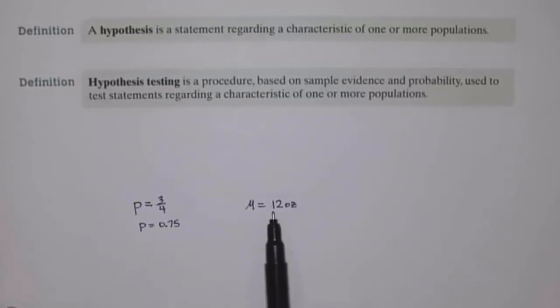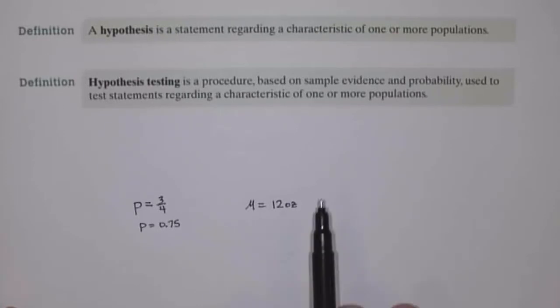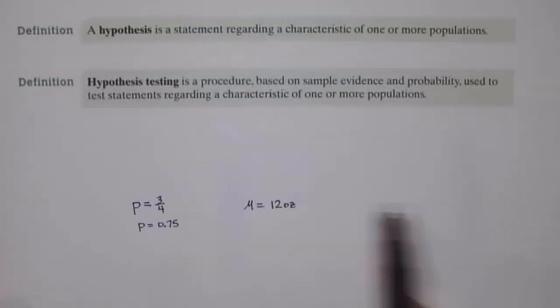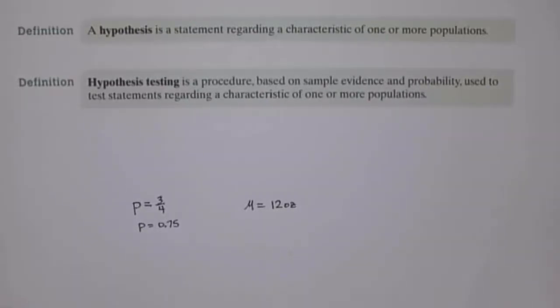We're going to gather sample evidence and see, does our sample evidence support that there's 12 ounces of beverage in the soda can or not? So that's what we're going to be doing with hypothesis testing. So in this particular section, again, we're primarily going to be focusing on terminology, and then in the next 2 sections, we'll actually be conducting hypothesis tests.